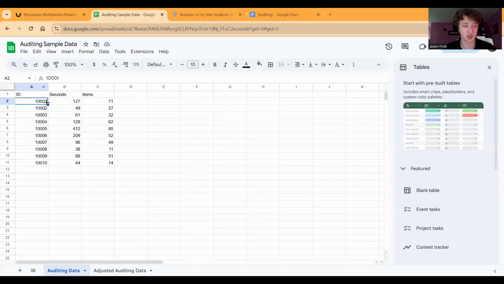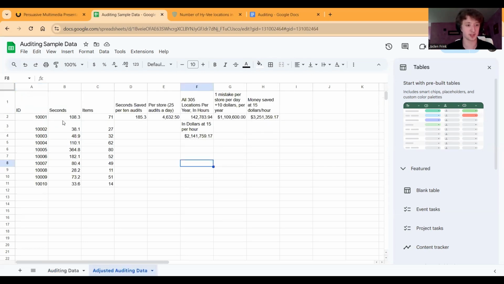To start with, these are some examples that I pulled of actual auditing data, and I adjusted them with a simple formula based on the problems that I described. We see from these two a significant reduction in the amount of seconds it takes us, but if we are just talking seconds, then why is it worthwhile?